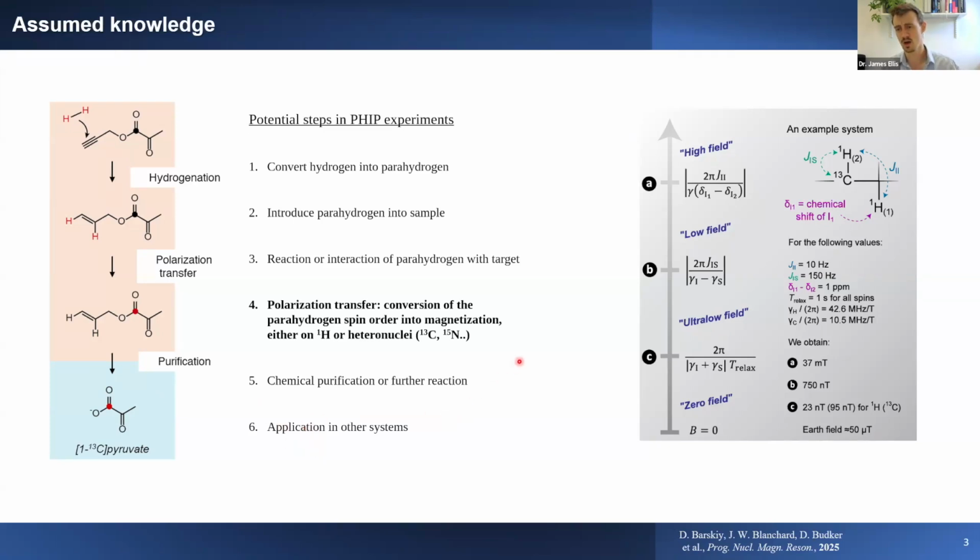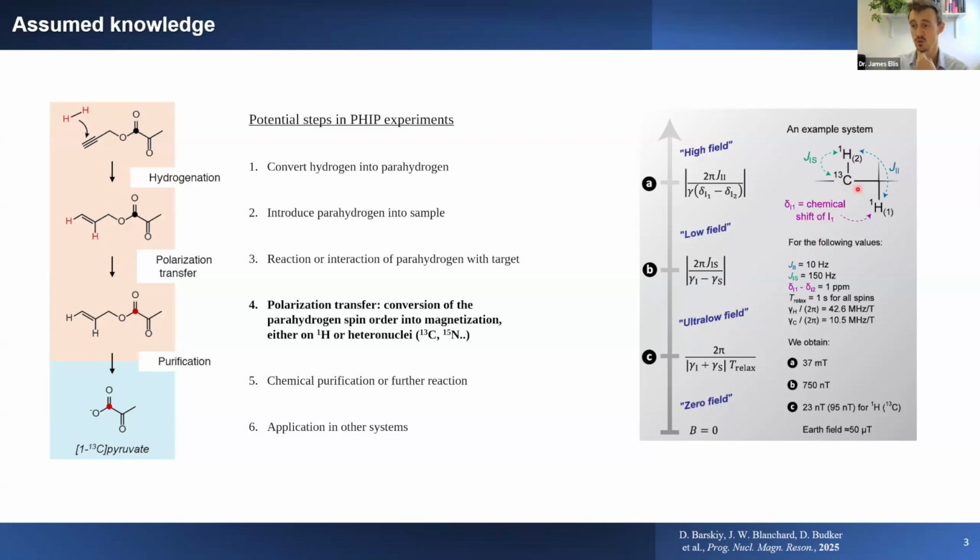And the final part of the assumed knowledge is about different magnetic field regimes. So I've taken this image from a recent review article about zero field NMR, and we define 4 different field regimes. And actually, zero field is not really relevant for this talk, but we define these field regime boundaries by the physical constants in the molecule.